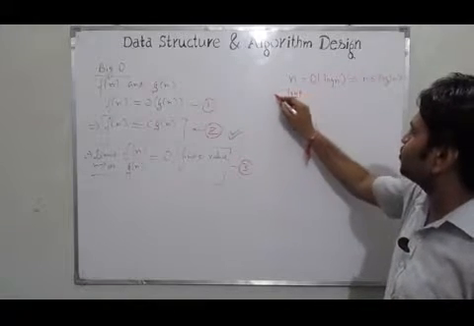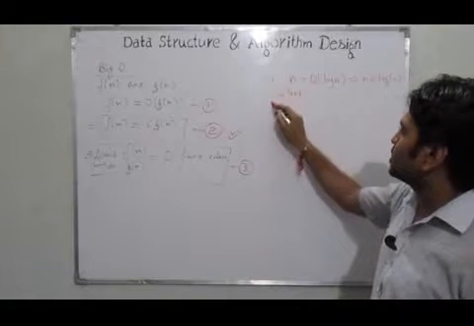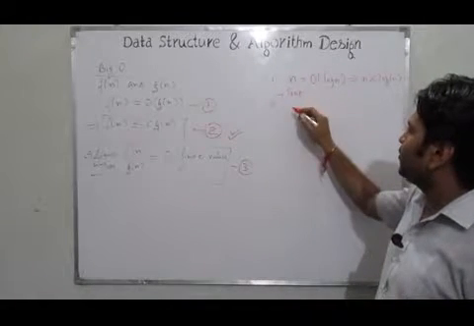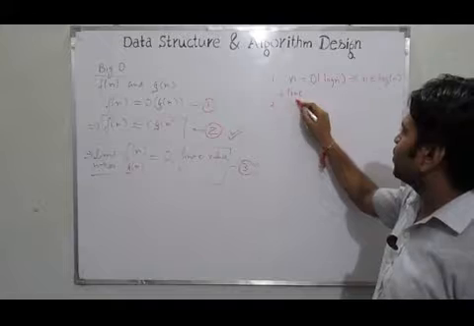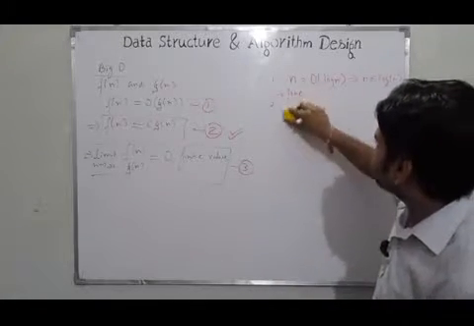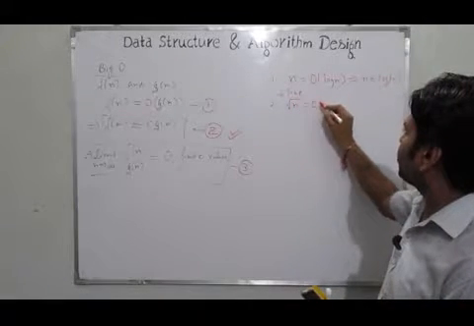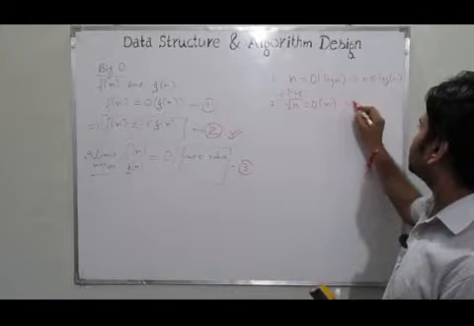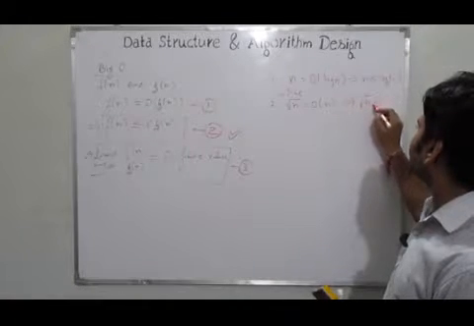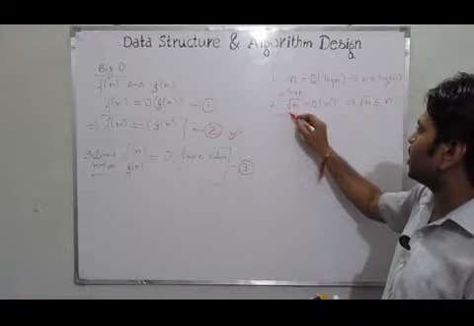Fine. Let us take a second example. If I say root n is order of n, we can understand that it is justifiable that root n is always less than n. This means it is also true.